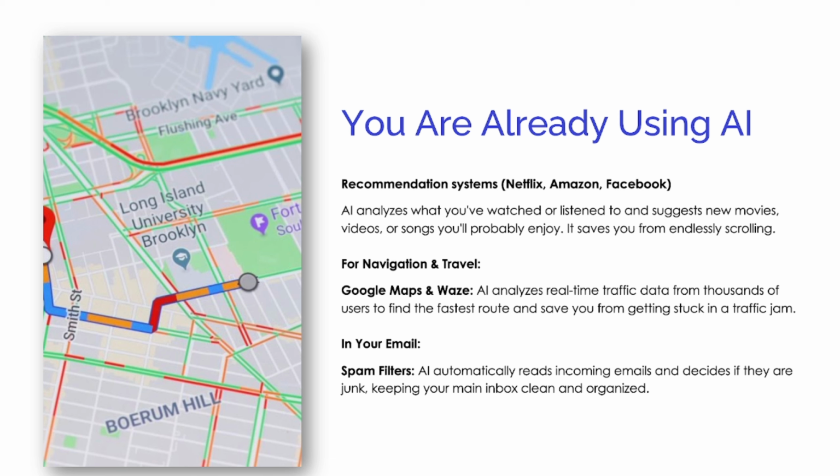It was awesome. AI analyzes real-time traffic data from thousands of users to find the fastest route and save you from getting stuck in traffic jams. So imagine if it was humans trying to do this. Let me just imagine this without AI trying to coordinate movement.